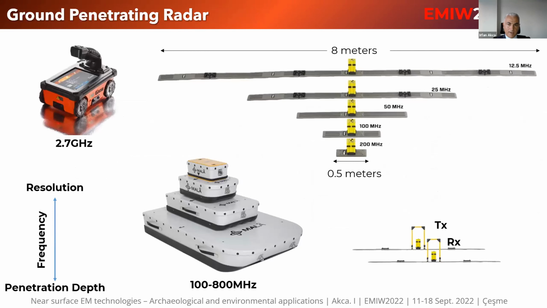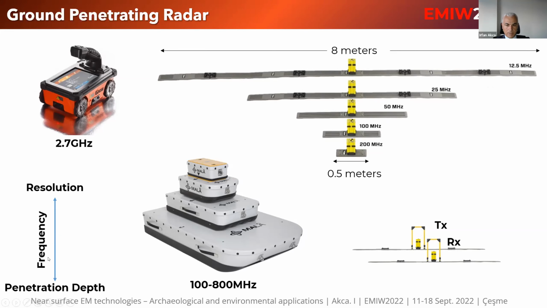At the moment we have a lot of instruments produced by different manufacturers, and the frequency of the GPR equipment ranges from nearly 3 gigahertz to 12 megahertz. Depending on the frequency range of the antenna we use, the resolution and penetration depth change.